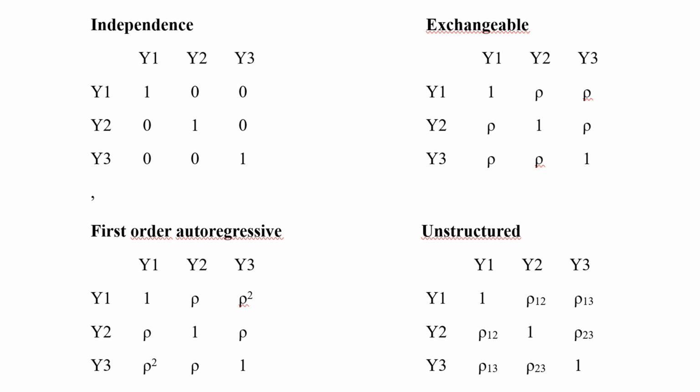Simulation studies suggest that the unstructured form is in general a good choice, but it also tends to reduce statistical power and it can lead to convergence issues. For this reason, most methodologists prefer the exchangeable or autoregressive structures for panel data, and usually the autoregressive structure.